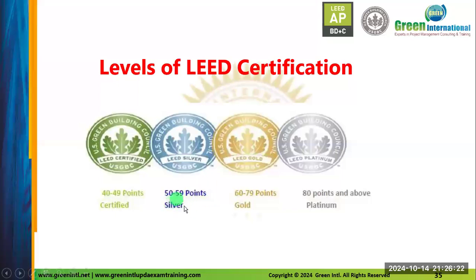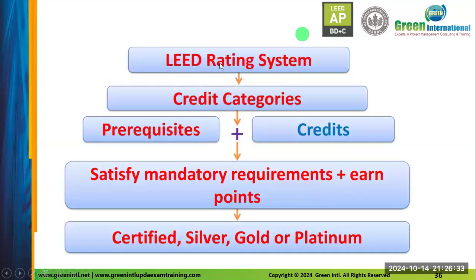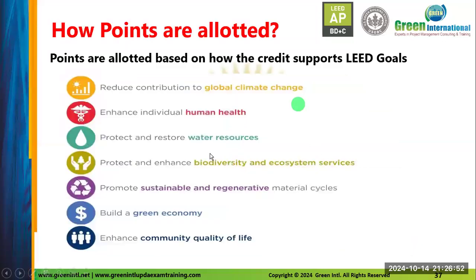Silver is 50 to 59, gold is 60 to 79, and starting from 80 and above is platinum. And this is the system structure: rating system, credit categories, prerequisites and credits. You need to satisfy the mandatory requirements, which are the prerequisites, and earn some credits. Then you get the certificate, at whichever of the 4 levels you have achieved.